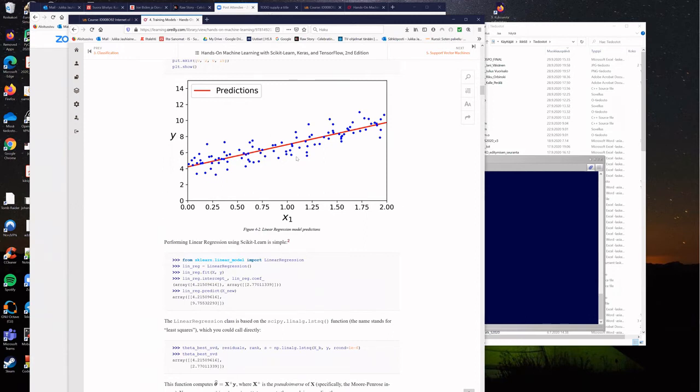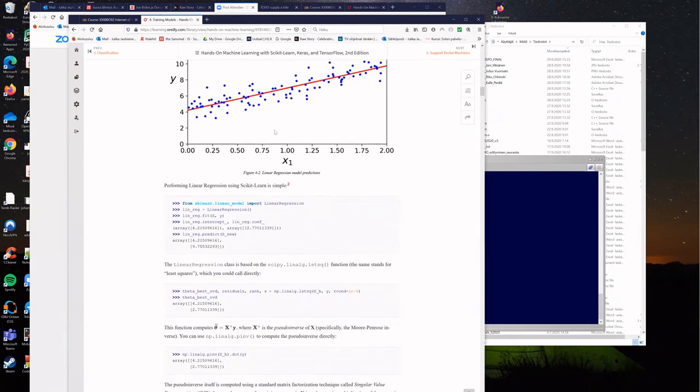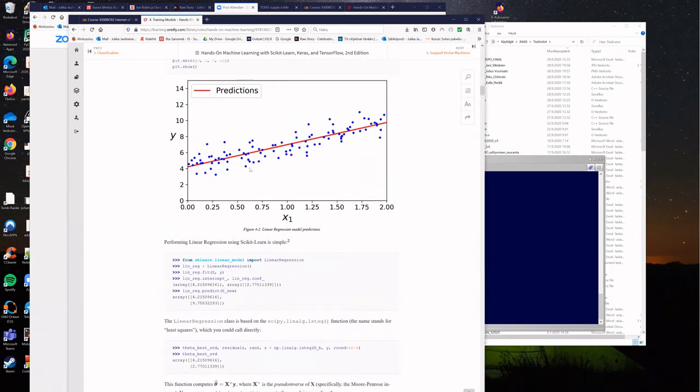But the idea is the same, that you find some mathematical function that fits the observed data by varying the values. For example, here you could start to guess the values for the slope and the constant value, and change those values until you get a line that best fits these observations, these blue dots.